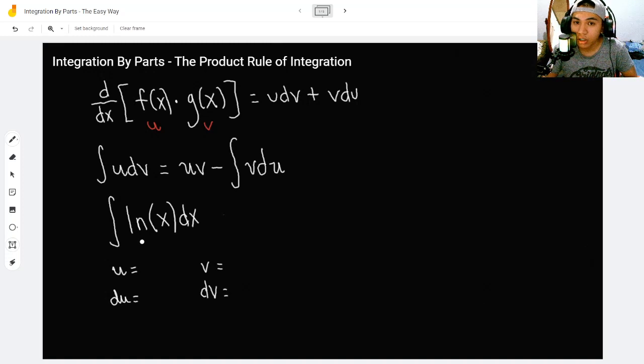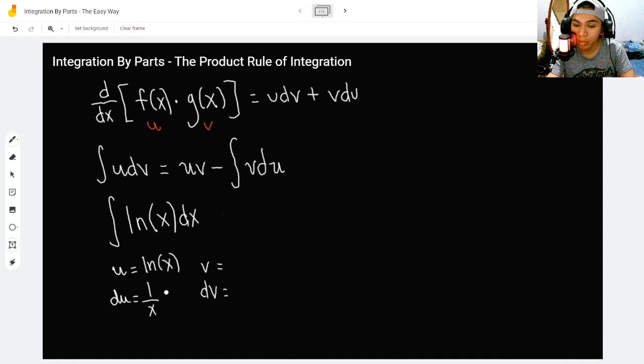Now, to choose the parameter u, we generally want it to be what's inside the integral, excluding the infinitesimal. So, we will set our u to be ln x. And the derivative of ln of x is simply 1 over x.